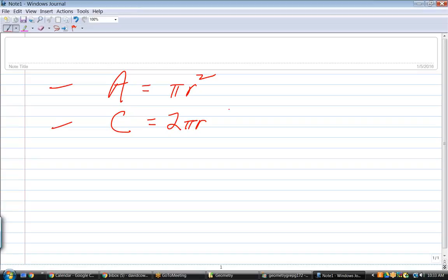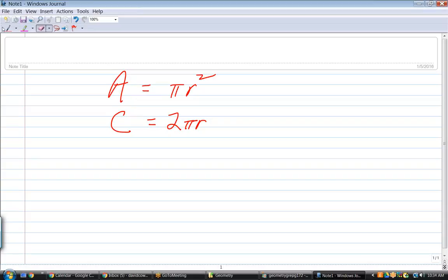And notice that radius tells you everything. If you know the radius of a circle, you know its area. If you know the radius of a circle, you know its circumference. That's why I don't really like using pi times diameter. It's correct, it is the circumference, but diameter isn't the useful number that radius is.